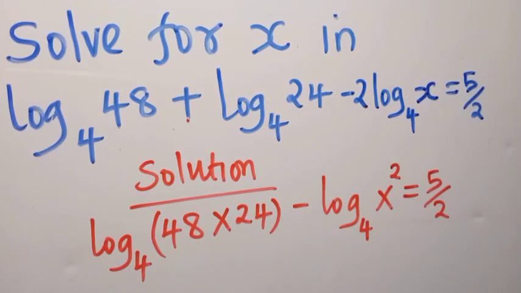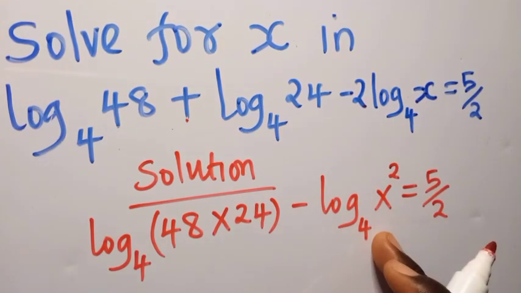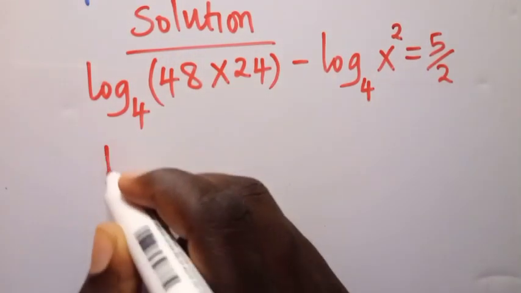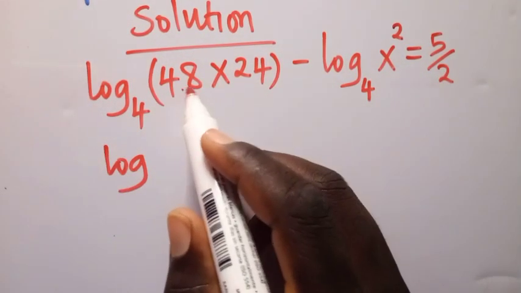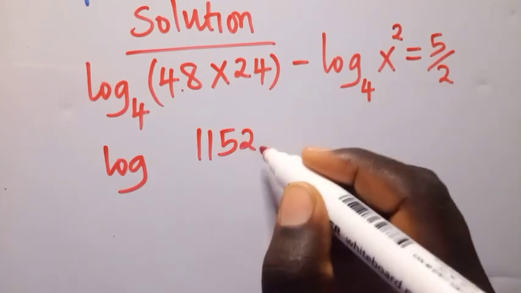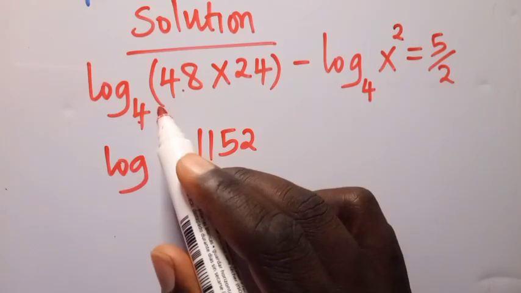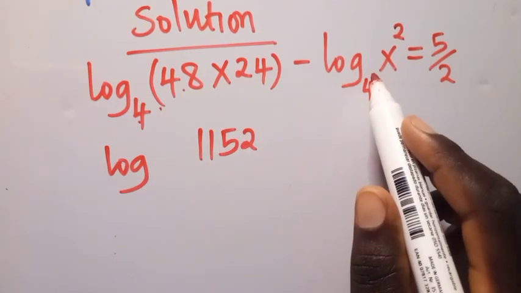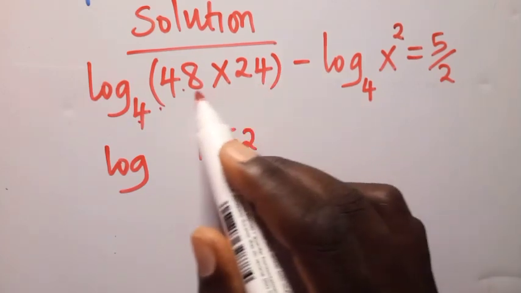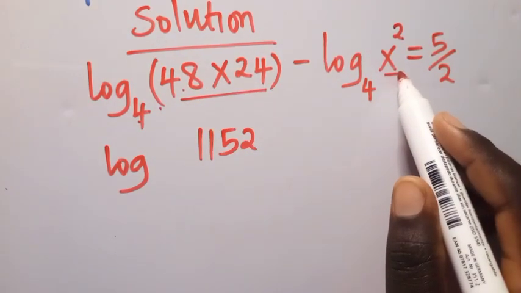Now, reaching at that point, we can also combine this and this to be a logarithm of a single number, so that we have the logarithm of 48 times 24, which is 1152 from the calculator. Then, because this logarithm and this one are of the same base and there is a minus in between, we can combine them by division.